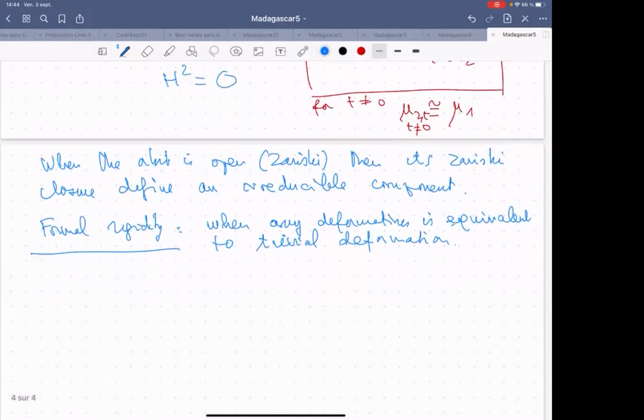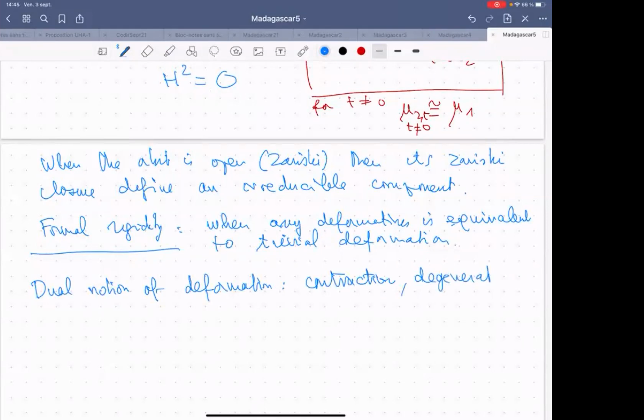Okay, then this is one application, and maybe I should mention here that there is a dual notion of deformation. This is called contraction by physicists, or degeneration, or specialization.